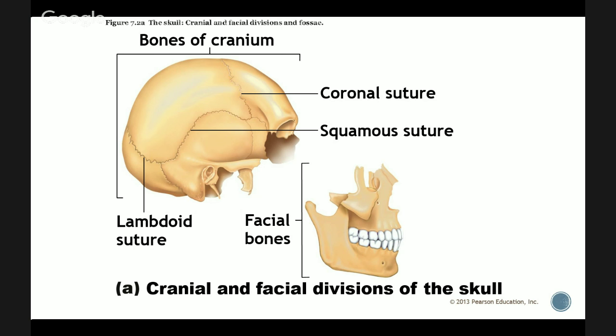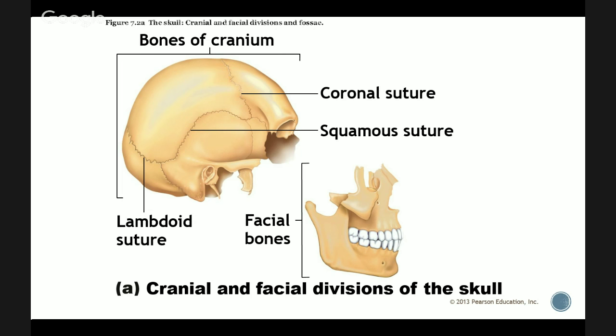So first of all, we're going to start with the skull. With the skull, you're going to see that we have 2 different parts. We have the bones of the cranium, the cranial area, which is responsible for housing the brain.